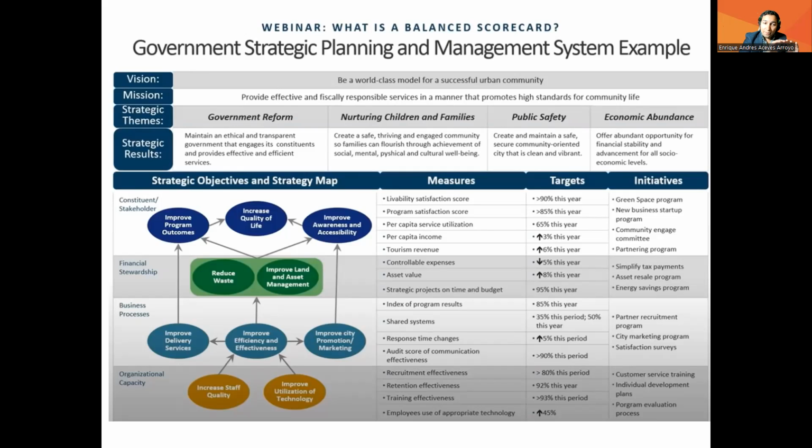And we have a relationship with stakeholders. We have financial measures. You have business processes and organizational capacity. There are a lot of areas that you can elect to have in your balanced scorecard.